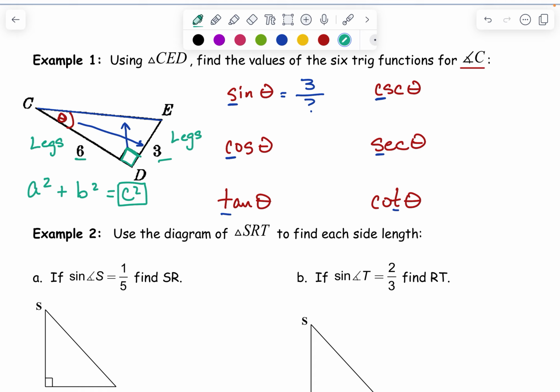So we have the two legs, we can find the hypotenuse. 6 squared plus 3 squared equals C squared. 36 plus 9 is going to be C squared. If I find the square roots of both sides, C equals the square root of 45.